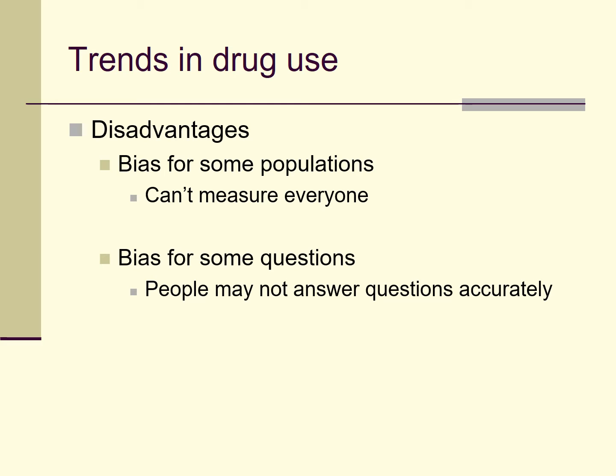Another disadvantage to survey-based research is that there may be an issue of bias among questions. That is to say, the questions that we ask about drug use may not be answered in a way that's accurate, and may not be answered in a way that gives us a good measurement of the thing that we want those questions to measure. And again, I'll get to that in a slide or two more.